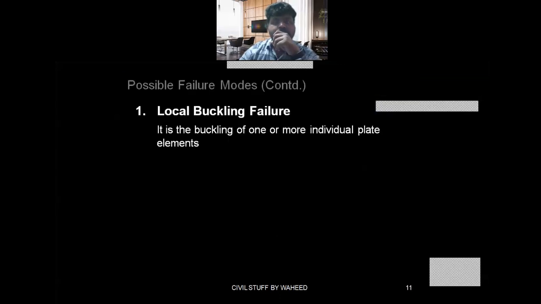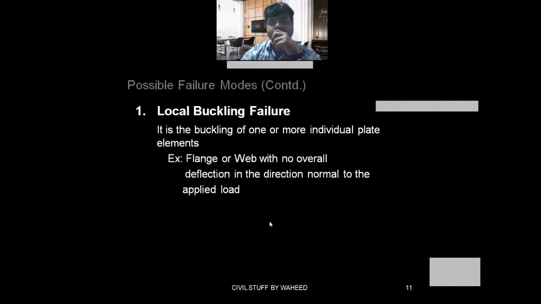Okay, now see here, I will explain the failure patterns and why this occurs. Local buckling failure, as I said, occurs when a flange or web portion has thin elements. It is the buckling of one or more individual plate elements, for example, a flange or web, with no overall deflection in the direction normal to the applied load.